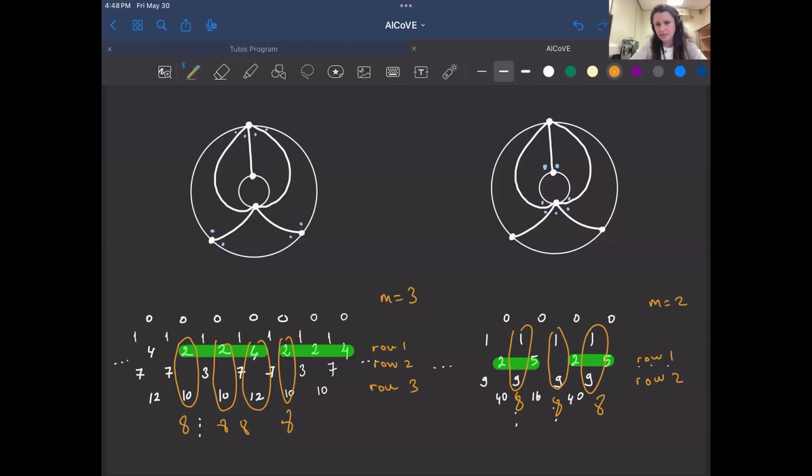And this behavior propagates. If you take any multiple km and km minus 2, this difference will again be constant.